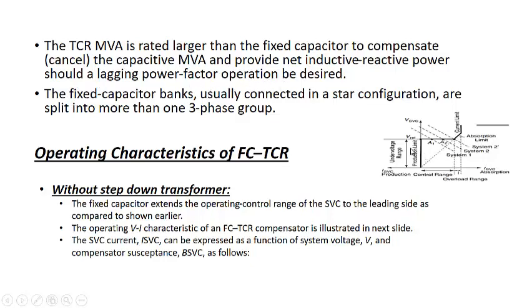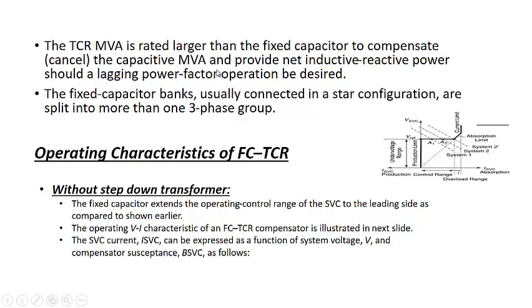For example, we want that the rating of the TCR, that means the current drawn by the TCR at alpha equal to 90 degrees with respect to peak, where the current drawn by the TCR will be maximum, should be more than the current drawn by the fixed capacitor.